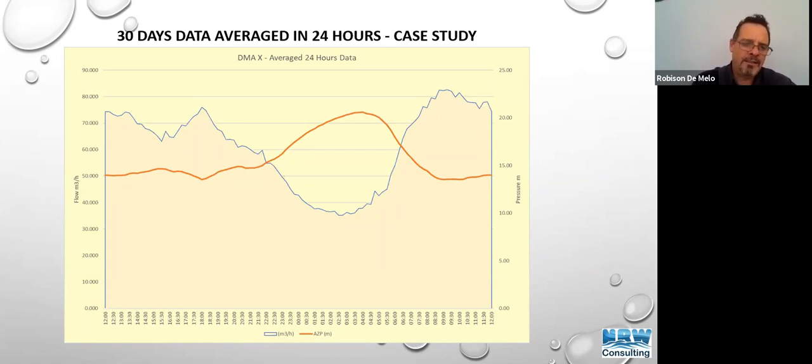But as you can see, my graph is a bit different. I start from 12 midday to 12 midday, and I leave the minimum night flow in the middle of the graph. That shows a little bit better.